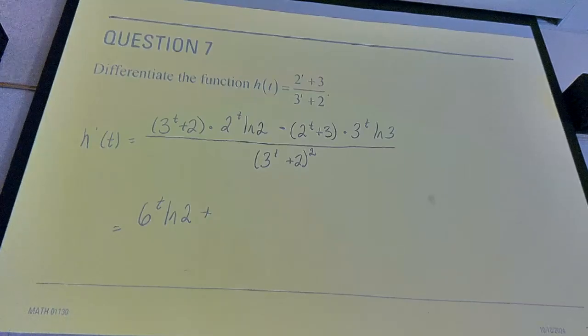That is one way you could write it. That's how I'm going to keep it. You could also write it as 2 to the t times log of 4. Right? 2 log 2 is log of 2 squared.